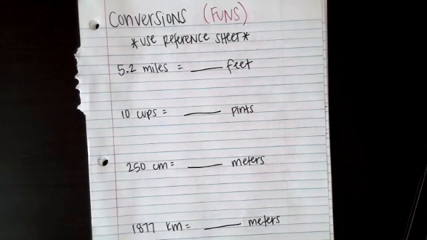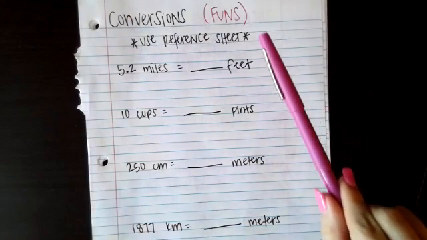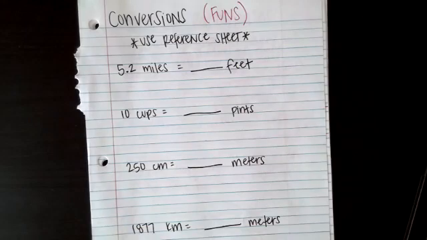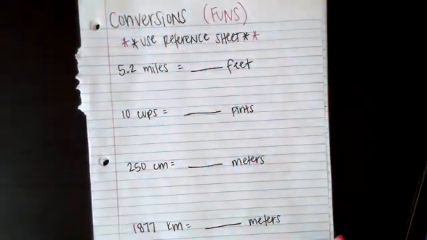Okay, so you'll notice at the top of the page, I put a note that you need to use the reference sheet. There is a STAAR reference sheet that will be posted on your mastery checks, that will be given to you on all your tests and quizzes to reference the different conversion rates. And I think we might be able to get it printed so you can keep it in your level up binders as well if you want.